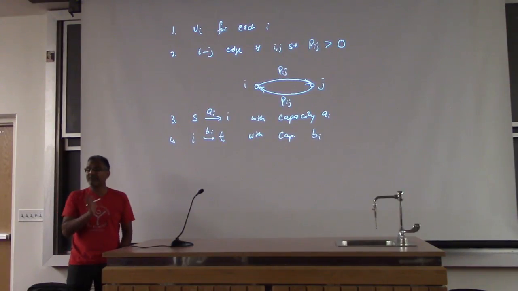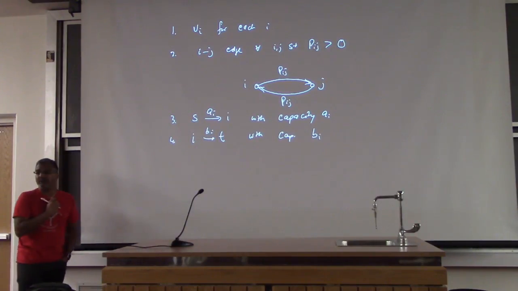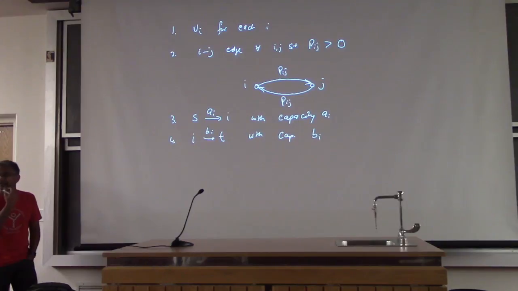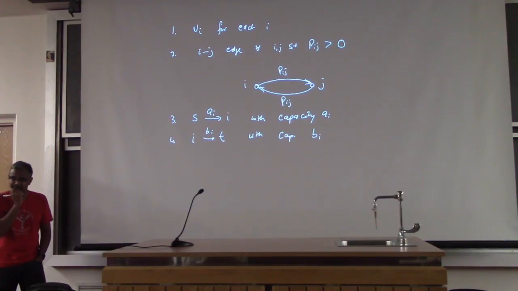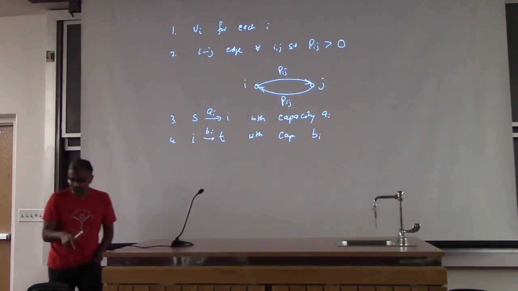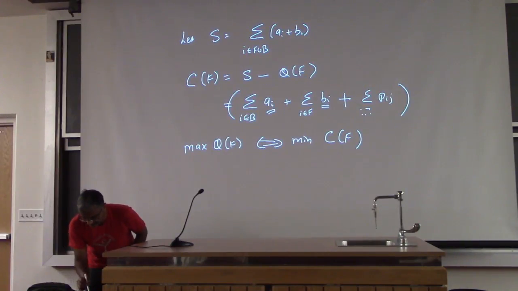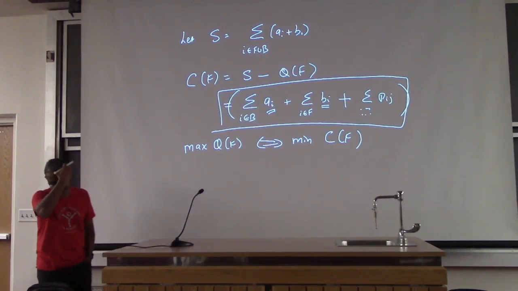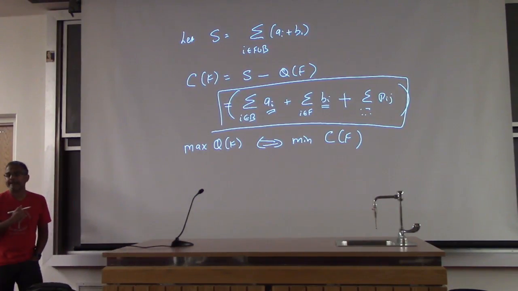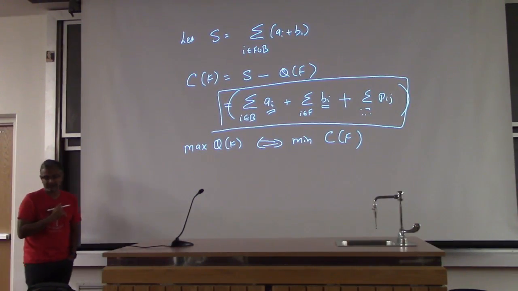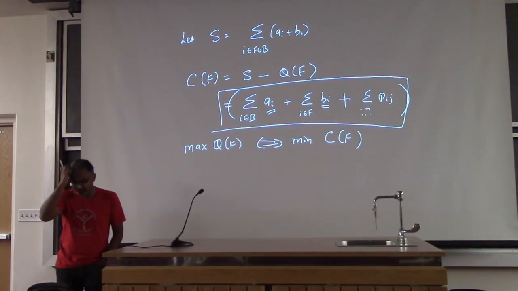And now I have a fully specified graph on which I can run min-cut. I have source, I have sink, I have directed edges, I have capacities. And I can run Ford Fulkerson and find a min-cut. By construction, the cost of this cut is equal to this. That's the cost of the cut.